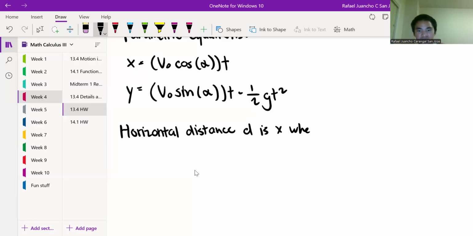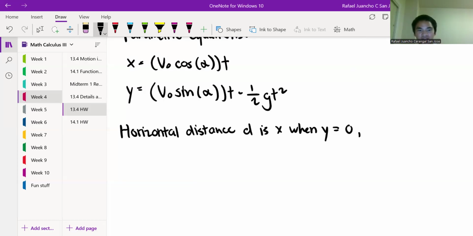d is x when my y is 0, because when I set y to 0, I get a t value for it. So when we set y to 0, we actually obtain t equals 0.